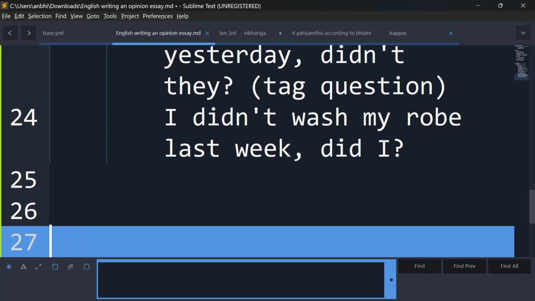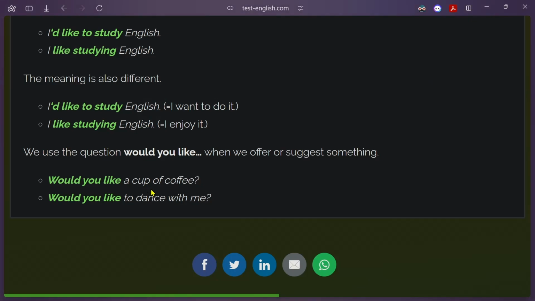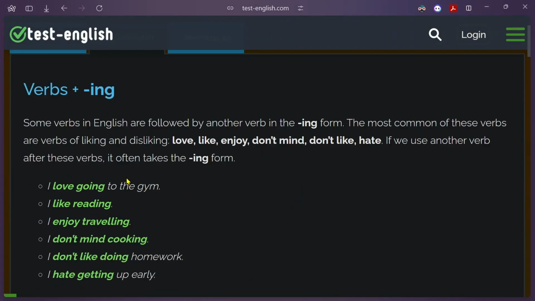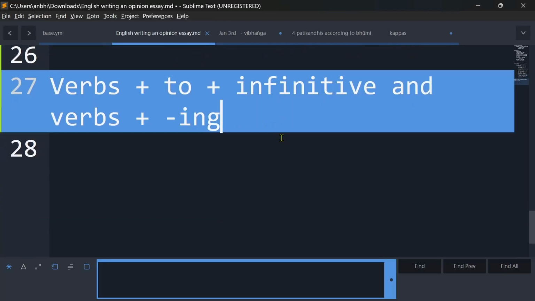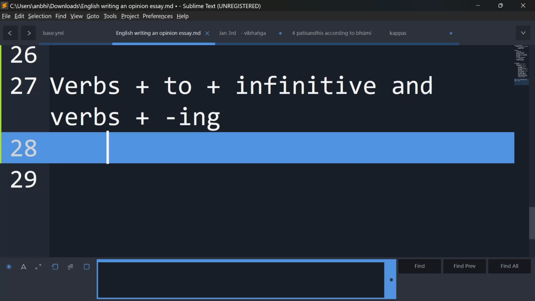What is the topic? Verbs to infinitive and verbs ing. Okay, this is the topic.